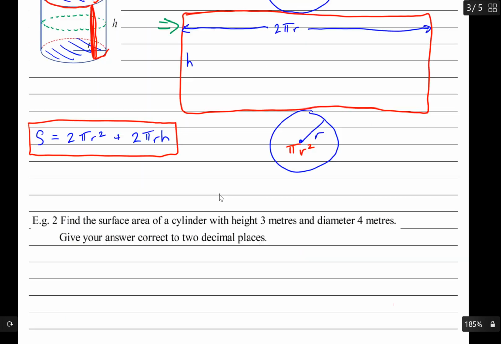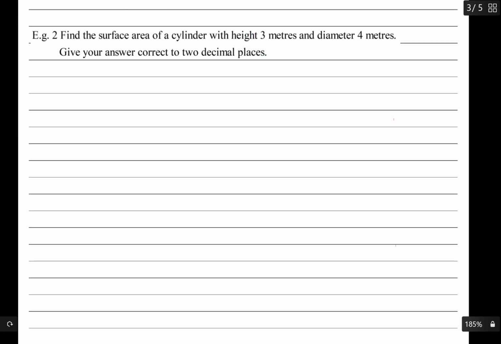So let's jump into a problem. Find the surface area of a cylinder with a height of 3 meters and a diameter of 4 meters. Okay, so I might just draw this thing. You don't really need to draw it, but I'm going to anyway. So it's 3 meters and 4 meters.